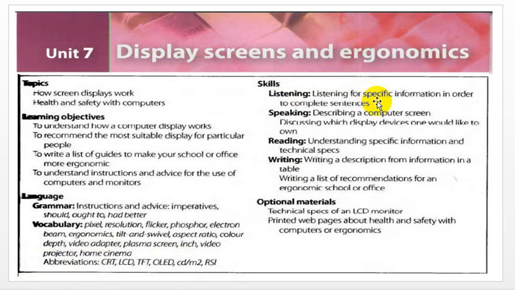Listening for specific information in order to complete sentences, describing a computer screen, discussing which display device one would like to own, understanding specific information and technical aspects, specifications, writing a description from information in a table, writing a list of recommendations for an ergonomic school or office.